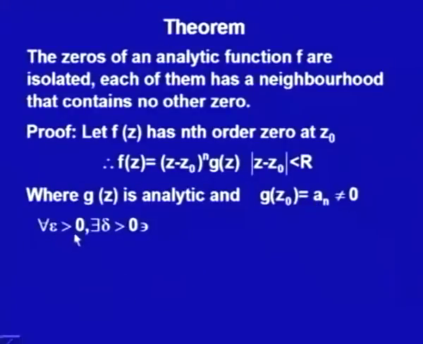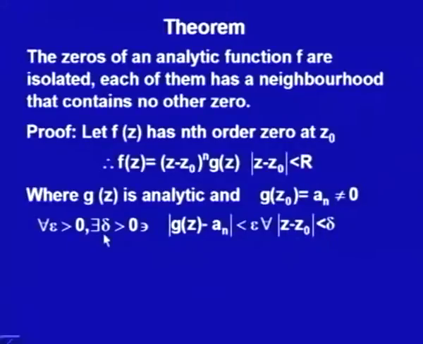Now, since g(z) is analytic, what it says is that at z₀ g is also continuous. What does it say? The definition of continuity says for every epsilon greater than 0 there does exist a delta greater than 0 such that |g(z) − aₙ|, because g at z₀ is aₙ, is less than epsilon for all |z − z₀| less than delta.